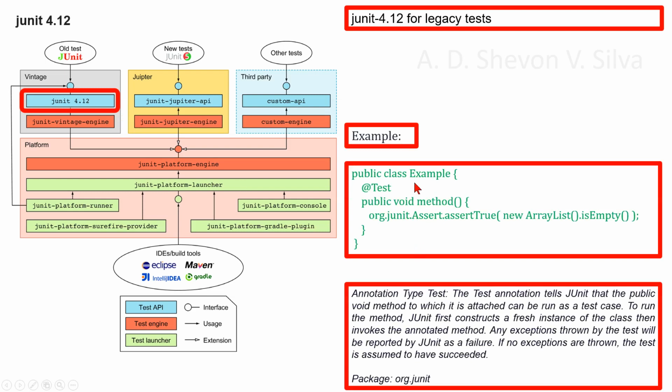As an example, we can consider this code segment. Here the annotation type Test. The Test annotation tells JUnit that the public void method to which it is attached can be run as a test case.